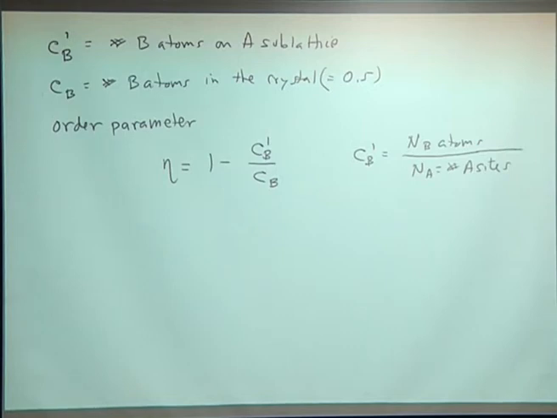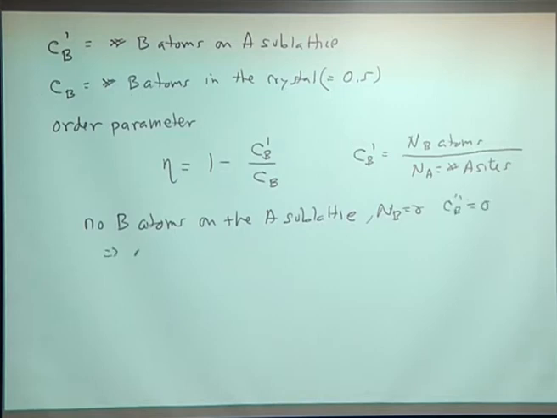Okay, so if you have no B atoms on the A sublattice, NB equals 0, and CB1 equals 0, and that implies that eta is equal to 1. The system is completely ordered.